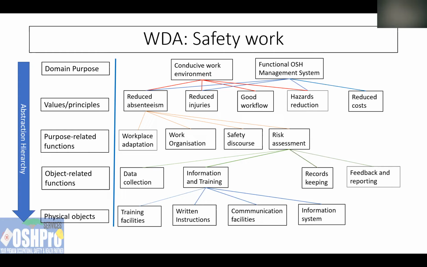To do a risk assessment, we need information and training. And to have effective training and information dissemination, we need training facilities, written instructions, and communication facilities.